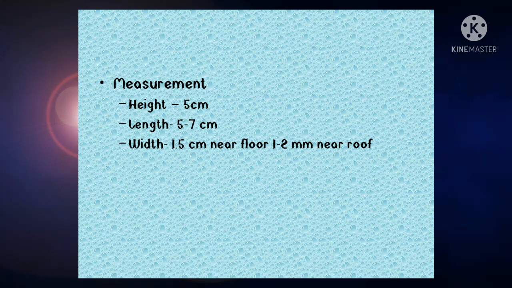Each half of the nasal cavity measures about 5 centimeter in height and 5 to 7 centimeter in length. It is 1.5 centimeter in width near the floor. The width near the roof is only 1 to 2 millimeter.